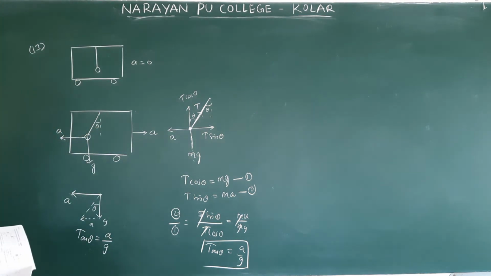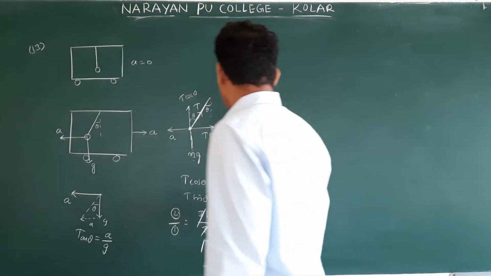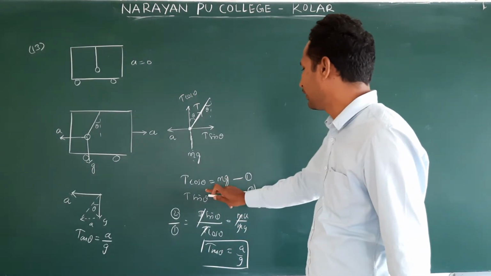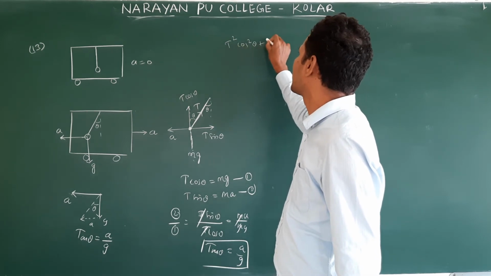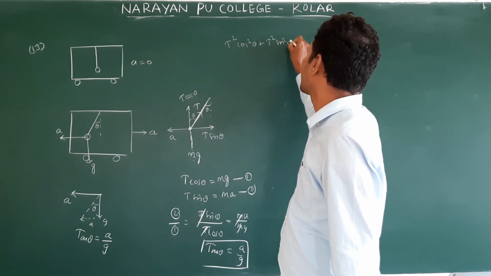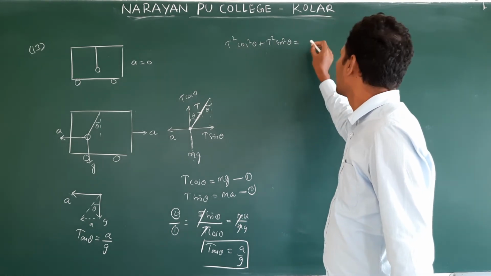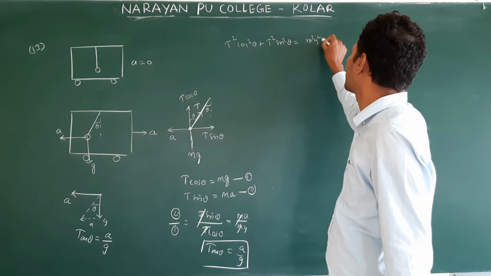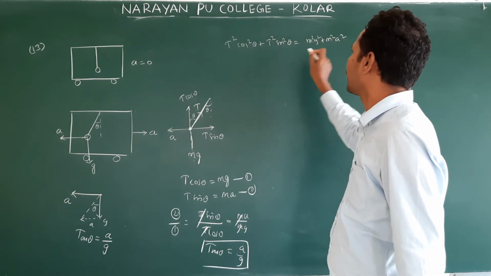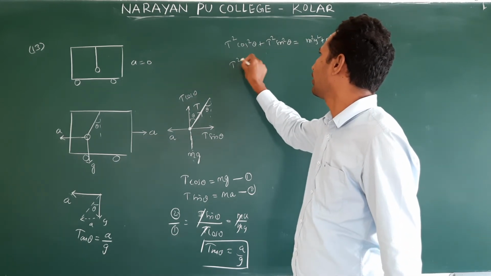Next, what is the net force? Tension, if they ask the tension in the string. Squaring and adding these, what do you get? T square cos square theta plus T square sin square theta is equal to m square g square plus m square a square. What is common here? T square common.